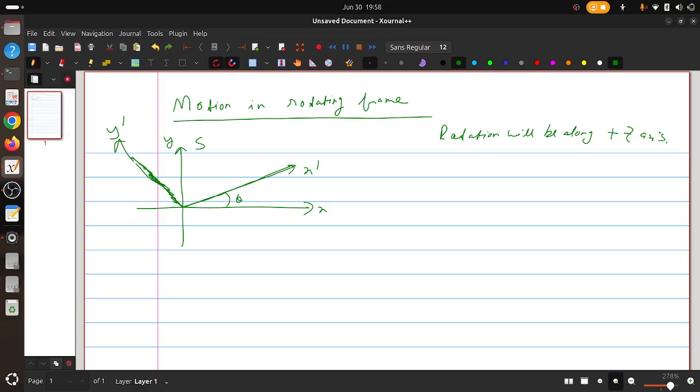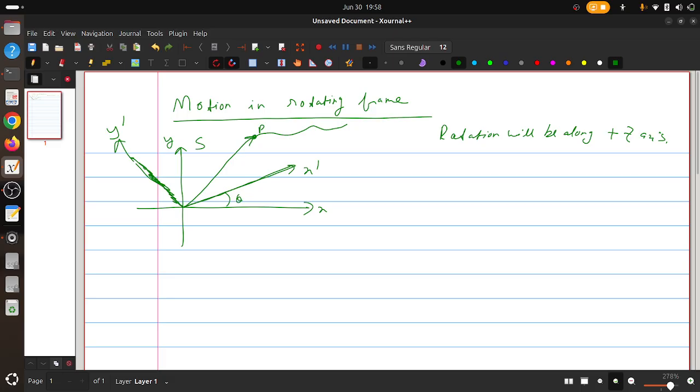So the thing is that we are watching some position of a particle. Let's say this is a particle P having some trajectory here. It can have a trajectory.